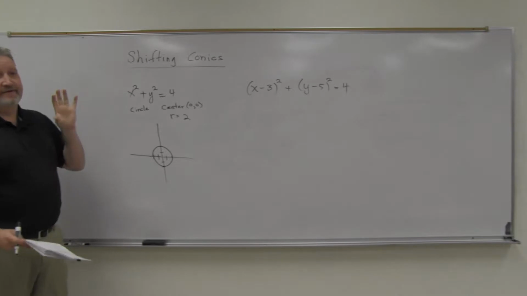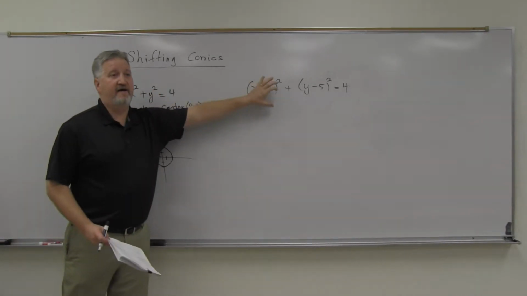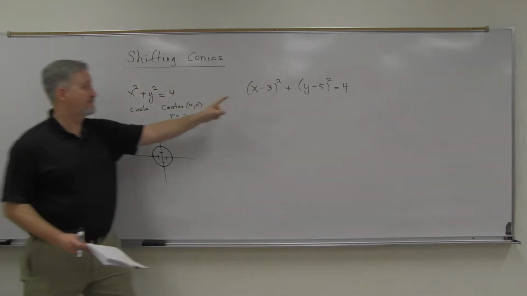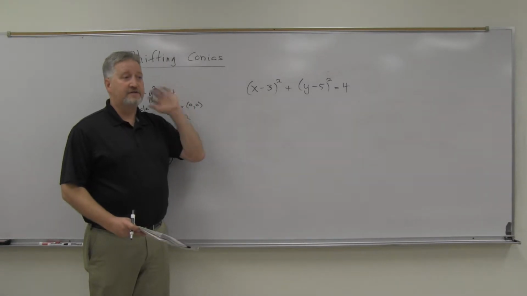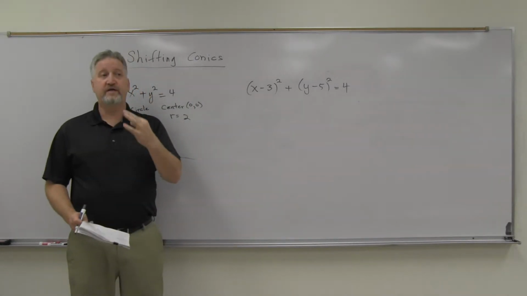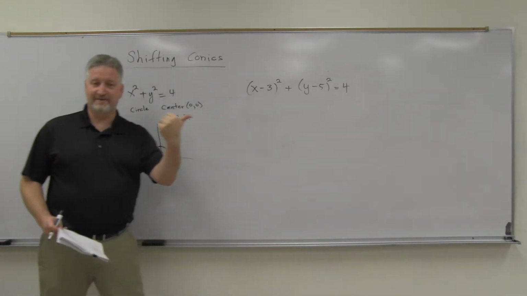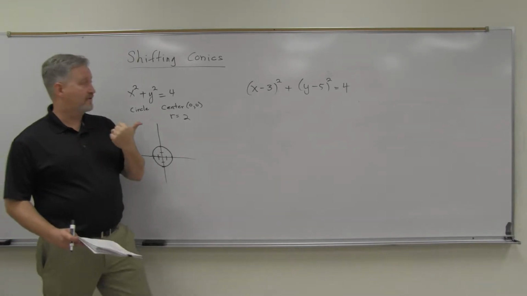So what I'd like for you to realize is this graph is very much like this, except what? What's this going to do? That's going to shift it, just like on the parabola, 3 to the right. The minus 3 goes, if you will, 3 to the right.